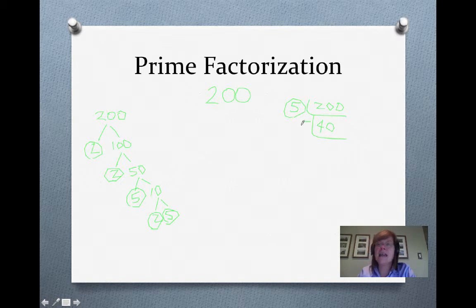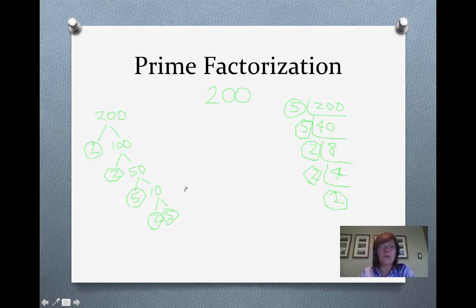Now 5 times 8 gets us 40. 5's a prime factor, so we're good there. Now let's make the next rung. 2 times 4 gets us 8. 2's a prime factor, but 4 isn't, so let's finish it off. 2 times 2 is 4. So we have our prime factors.